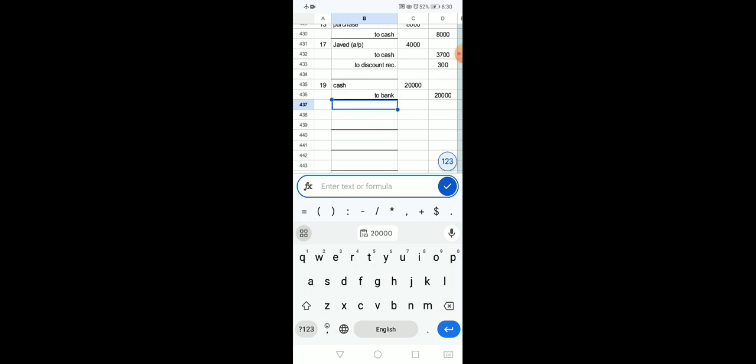Asset is increasing. You were supposed to write goods over here, but in accounting we do not write goods, we write a working term in its place. We are buying goods, so the working term is purchase. Goods was just a reference, it is unnecessary to write over here. Since we have bought goods, we have mentioned purchase over here.